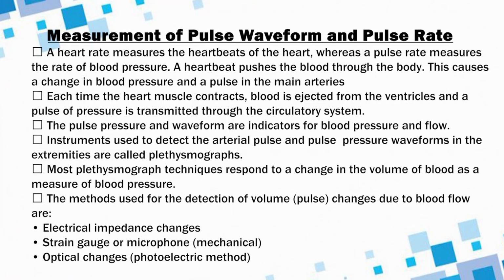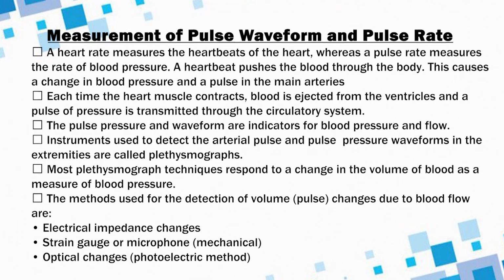Coming to monitoring of pulse waveform and pulse rate. Each time the heart muscle contracts, blood is ejected from the ventricles and a pulse of pressure is transmitted through the circulatory system. The pulse pressure and waveform are indicators for blood pressure and flow. Instruments used to detect the arterial pulse and pulse pressure waveforms in the extremities are called plethysmographs.